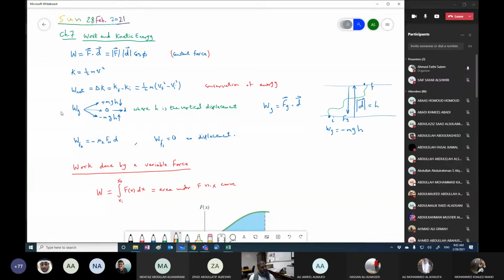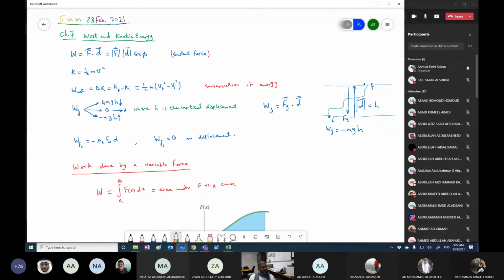We talked about the work done by gravity and the work done by the friction force. Work done by gravity equals mgh, plus or minus, depending on the direction of the motion of the object. If the object is moving downward, the work will be positive because gravity is helping the motion.